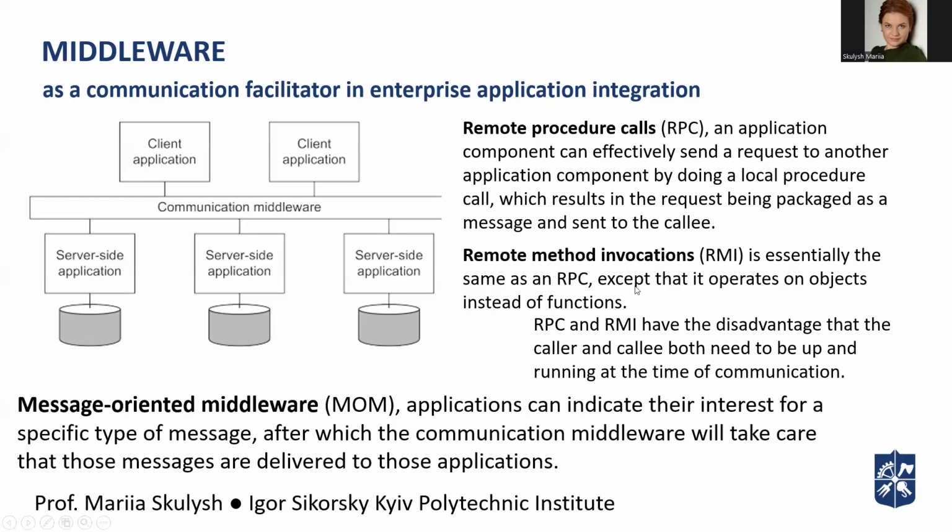Remote method invocation is essentially the same, except that it calls objects instead of the function. I will not read all of this, but you can look through and see how it works.